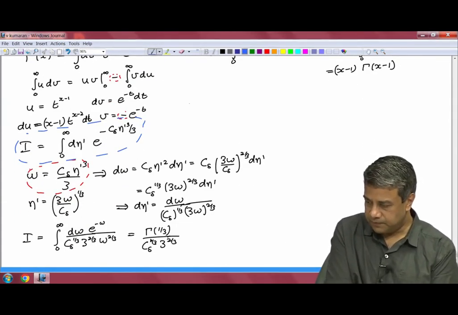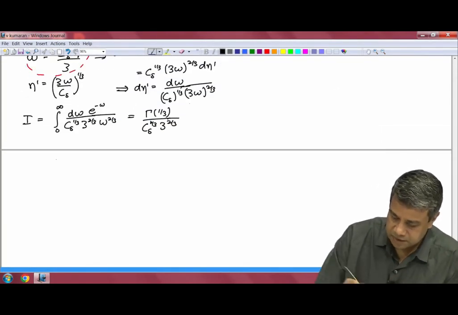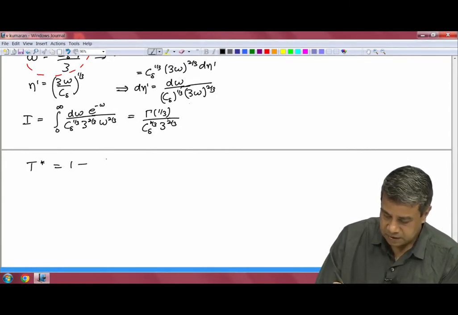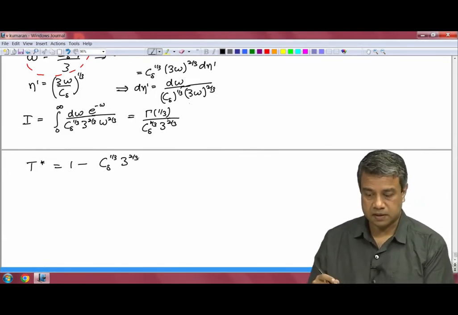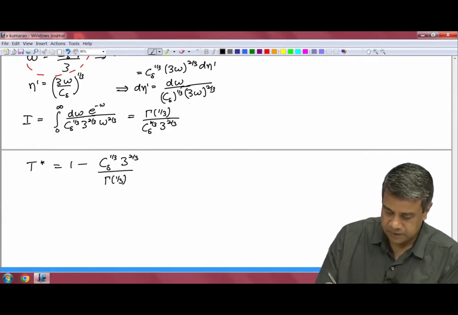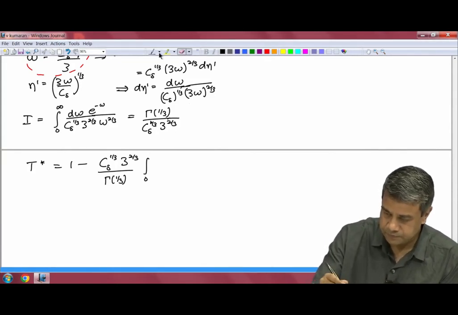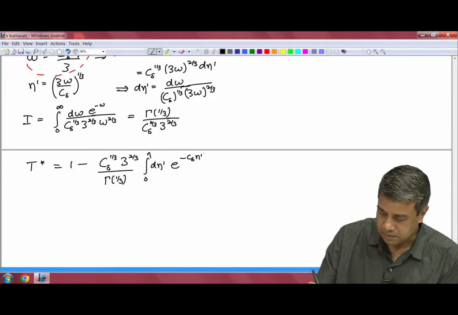And therefore, the expression for the temperature T star is equal to 1 minus c delta power 1/3 3 power 2 by 3. Note that that integral was in the denominator, so I have to take the inverse of I, divided by gamma of 1/3, integral 0 to eta, d eta prime e power minus c delta eta prime cubed by 3.